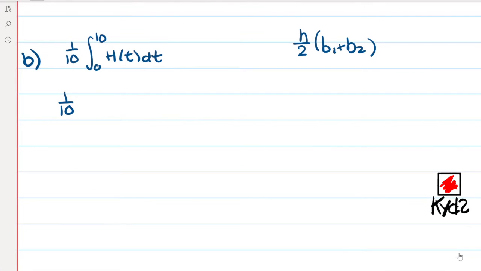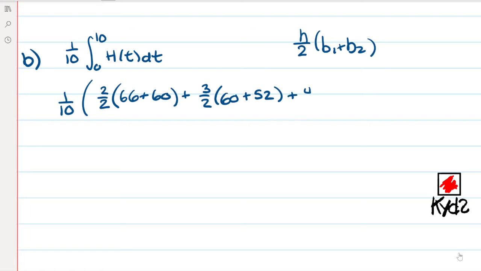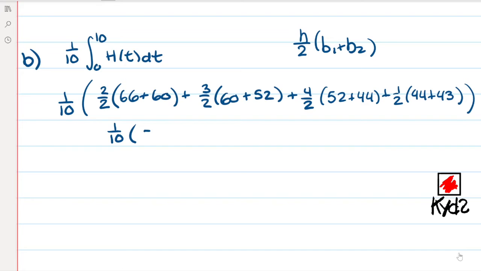So in my trapezoid sum, it's going to be 2 over 2 times 66 plus 60, plus 3 over 2 times 60 plus 52, plus 4 over 2 times 52 plus 44, plus 1/2 times 44 plus 43. And you put that all in your calculator and you get 529.5.